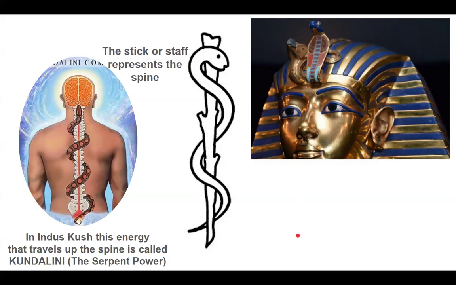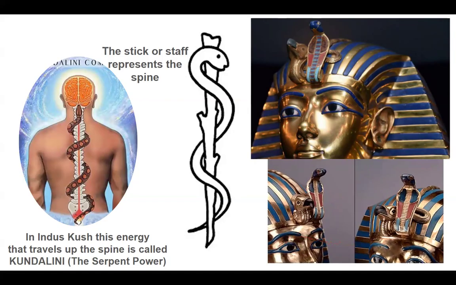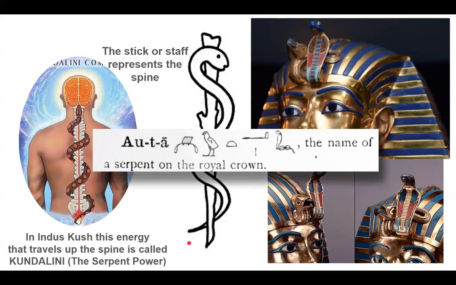The pineal gland. Here's another view of the serpent on top of the head of the king. So the serpent, the Uraeus, as it's called in the Kemetic tradition, represents one half of the Kundalini force coming through our bodies. Auta is the name of the serpent on the royal crown.